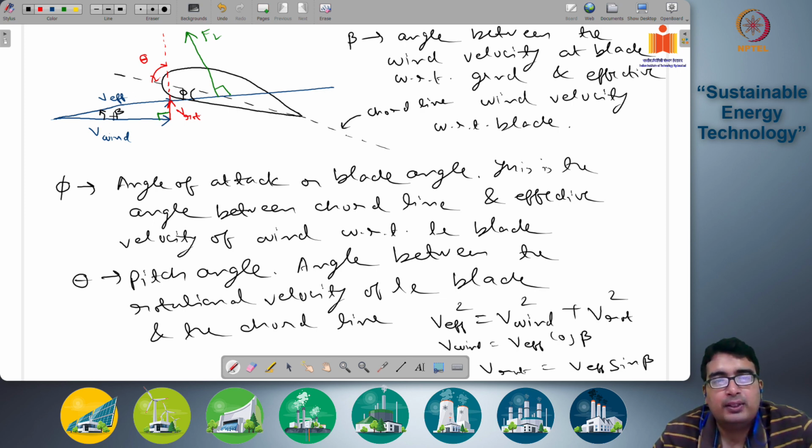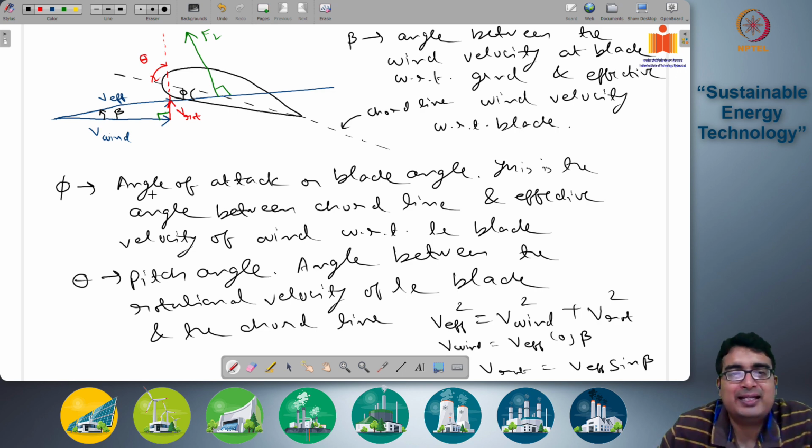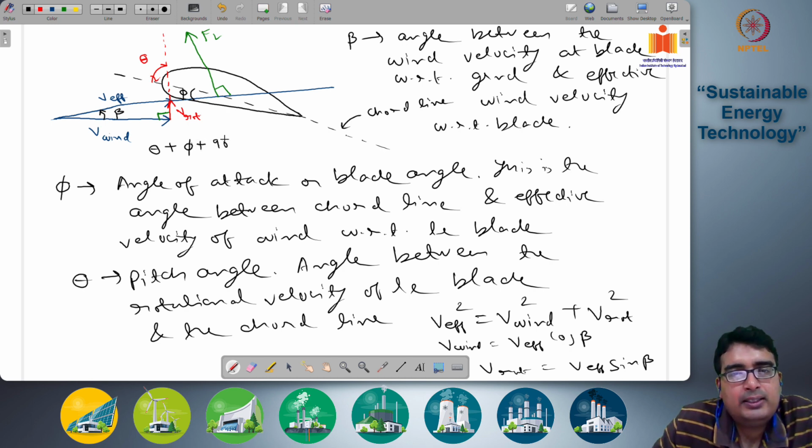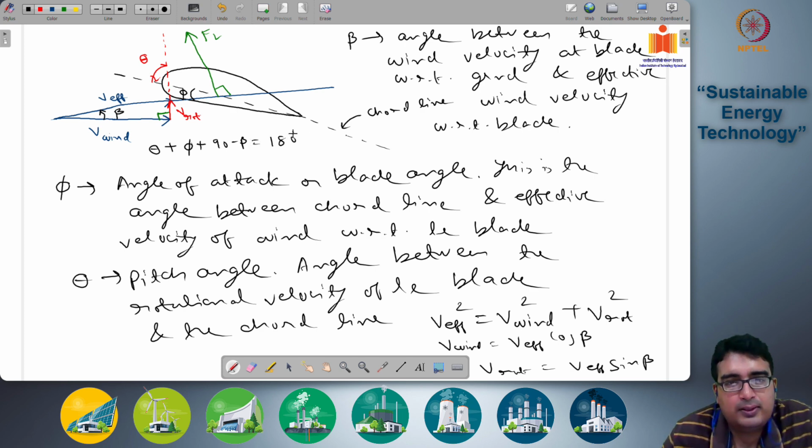Another thing to note here, this is beta, so this is 90 minus beta. This is 90 minus beta, this is phi, and this angle is theta. So theta plus phi plus 90 minus beta makes an angle equal to 180 degrees. So you can have this expression also: theta plus phi plus 90 minus beta equals 180 degrees.